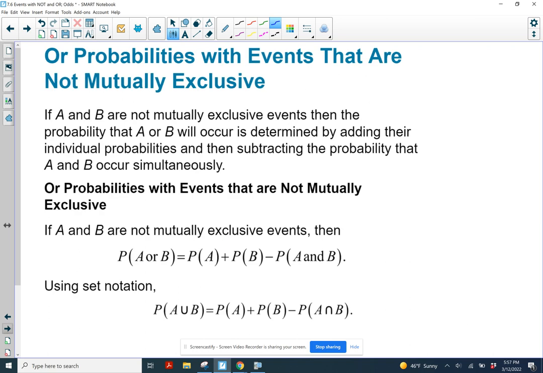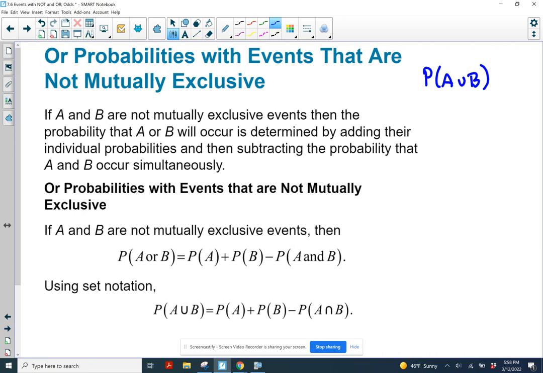All right. Or probabilities with events that are not mutually exclusive. So we're talking about the probability of A or B, if event A and event B are not mutually exclusive. Remember, the union is the or. So if A and B are not mutually exclusive, meaning they could happen at the same time, or they have something in common, then the probability that A or B will occur is determined by adding their individual probabilities and then subtracting the probability that they both occur simultaneously.